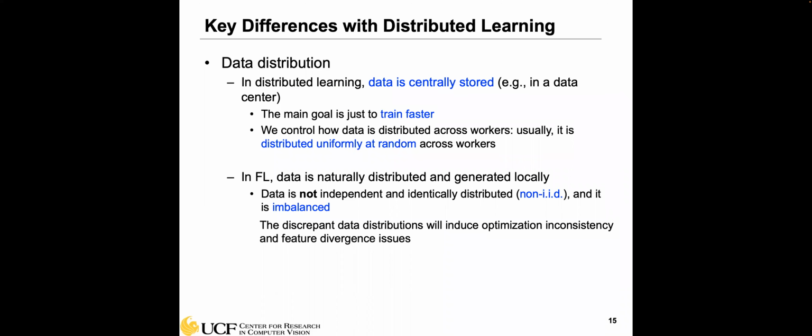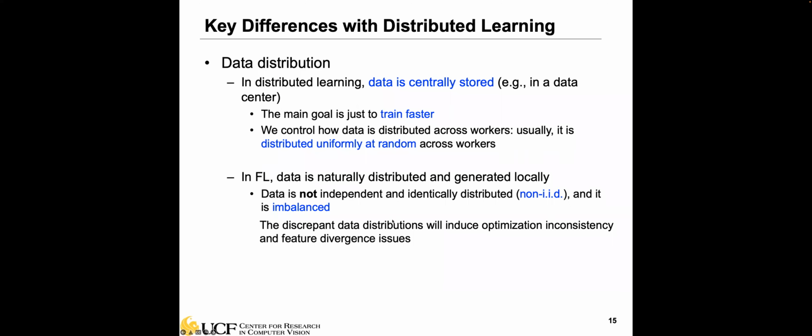So it may generalize well if we have this IID assumption. But in reality, especially in federated learning, the data has a very high level of non-IID-ness, and is also imbalanced.